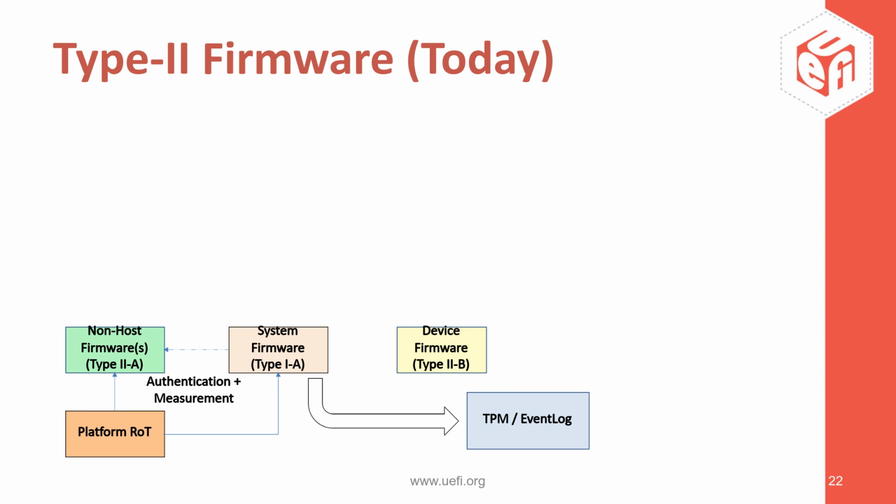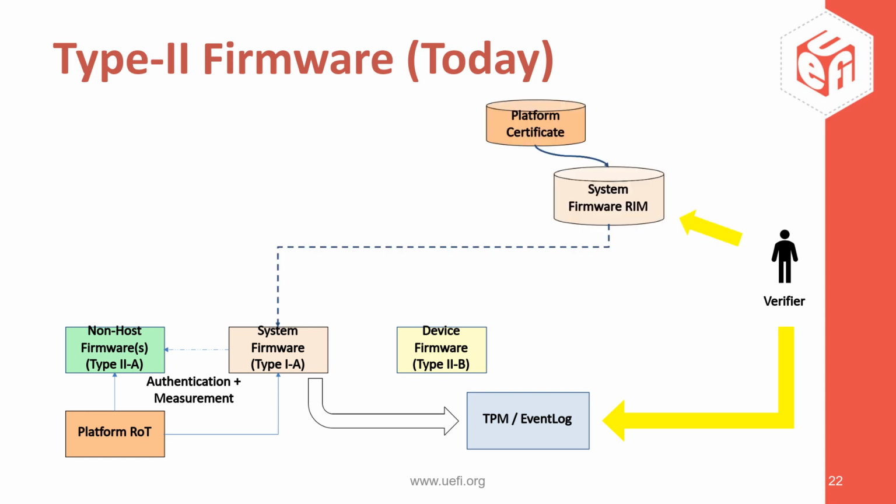For example, the BIOS can get a measurement from CSME and extend to PCR and event log. Similar to Type 1 firmware, the verifier can get the PCR and event log and consult the platform certificate and the RIM.